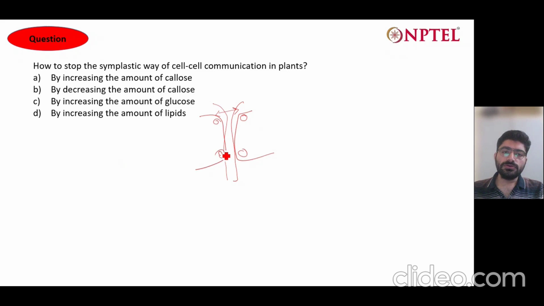So by increasing the amount of callose, the size of the plasmodesmata can be decreased, and this will stop the symplastic way of cell-cell communication. While if we decrease the amount of callose, then the diameter of the plasmodesmata will increase, and this will allow the molecules to pass from one cell to another. So the correct answer would be option A, by increasing the amount of callose.